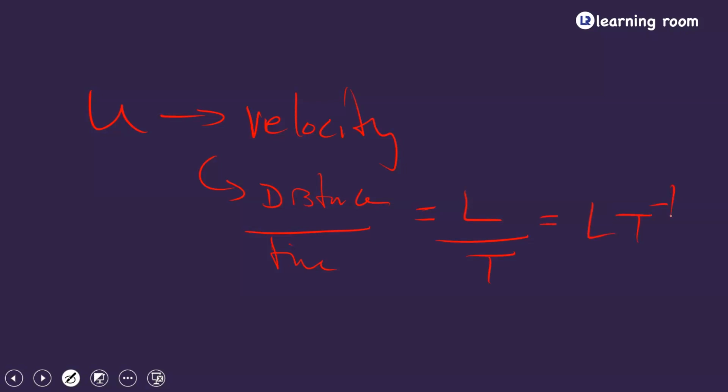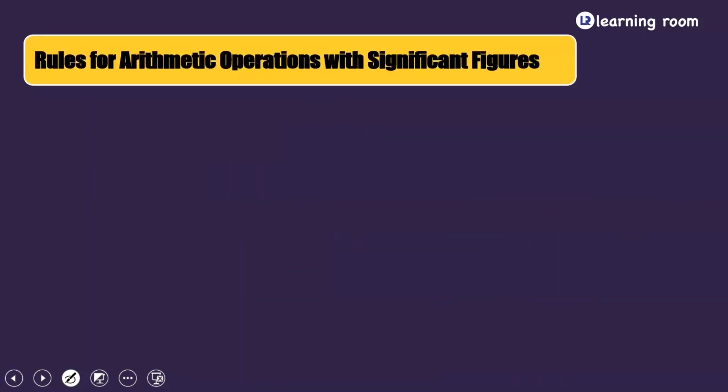Okay, but I want to write it in terms of MLT. So I'm going to write M to the power 0, same thing everywhere. And for AT, same thing. AT is acceleration, which is velocity by time, into time.